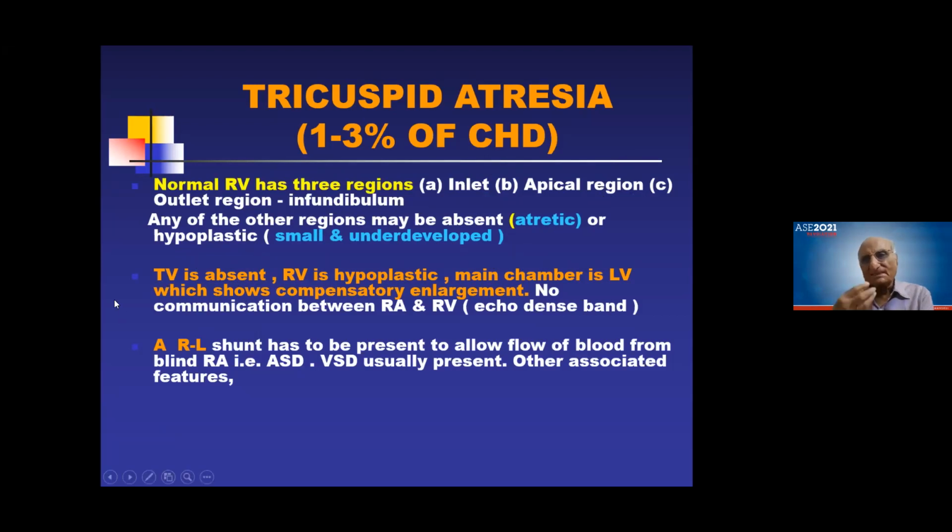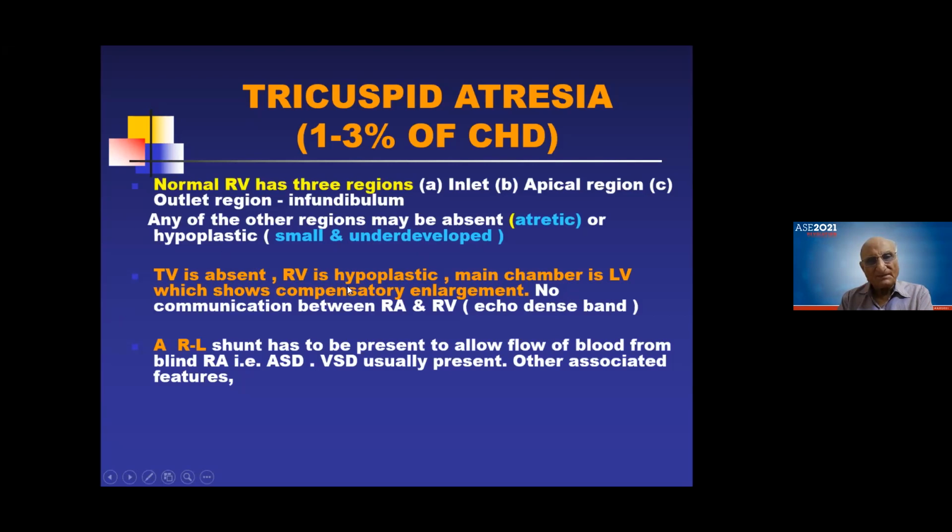So the tricuspid valve is absent. The RV is hypoplastic. Why? Because normally the RV gets the blood from the RA. Now here the RV is completely deprived of blood from the RA, but it gets some blood from the left ventricle, so it is hypoplastic.